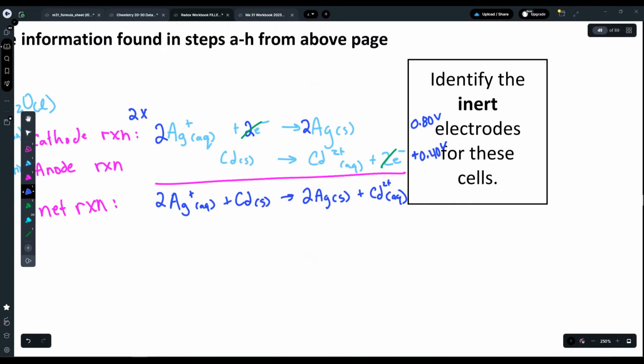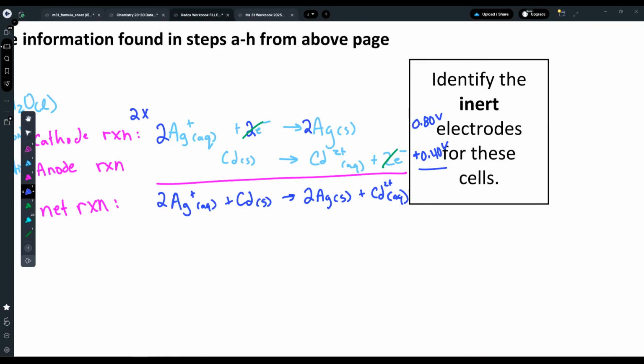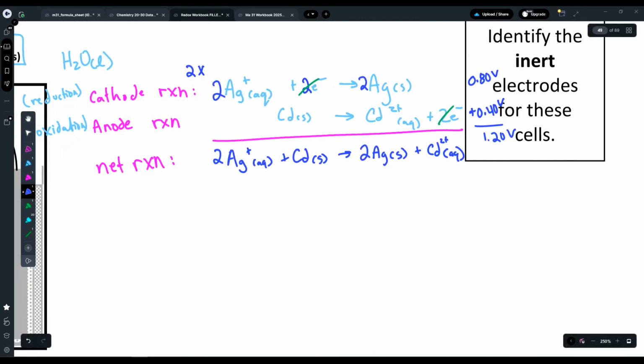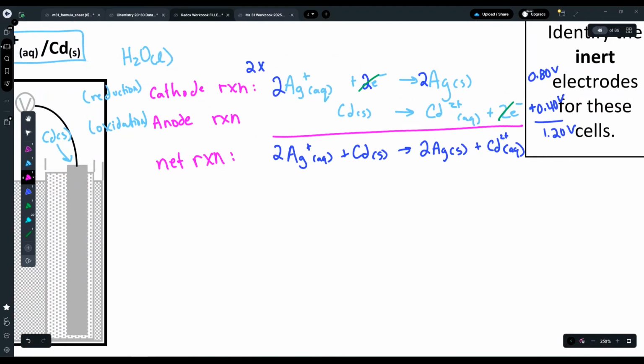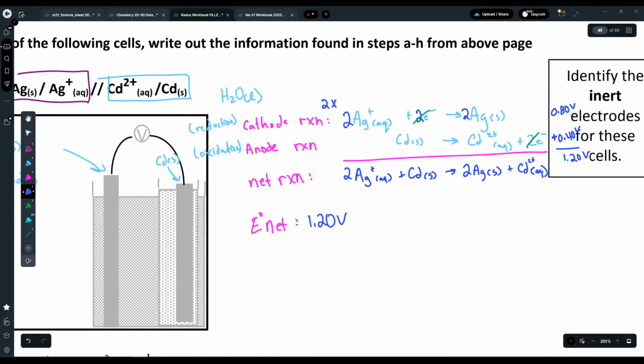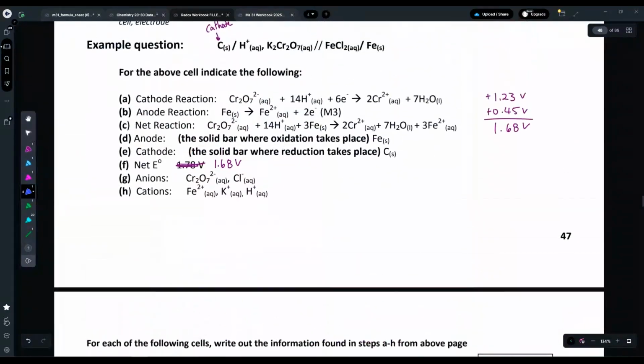So that means that when we're adding these up, that's going to give us 1.20 volts. So I already took sig digs into account there. So the net potential, so E net potential, that is 1.20 volts.